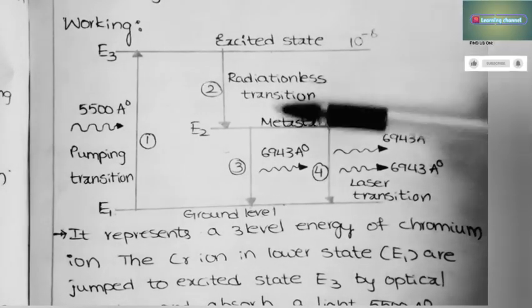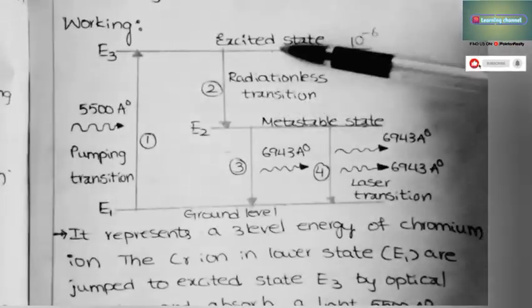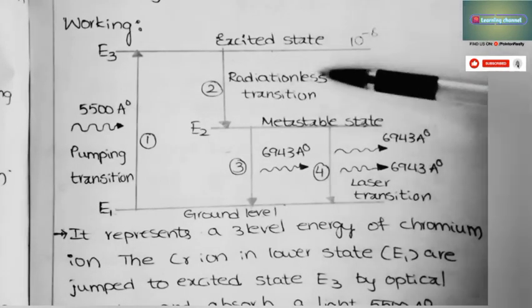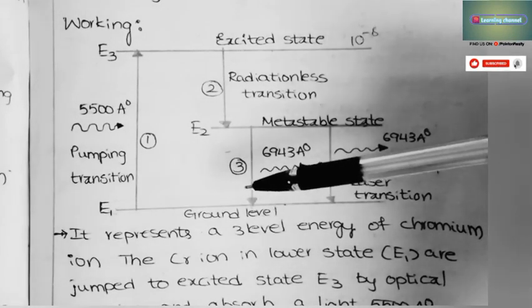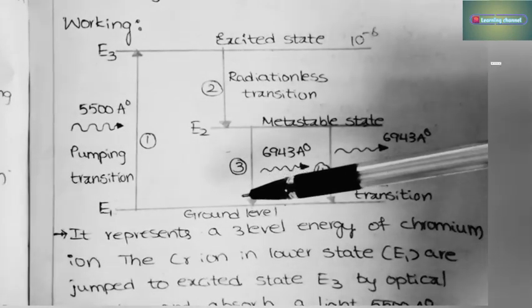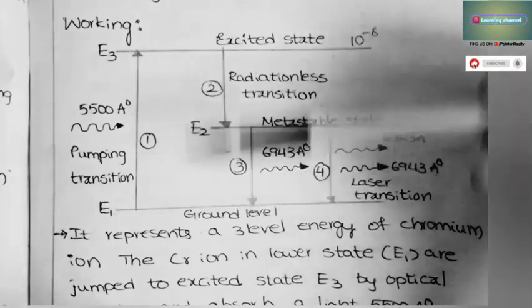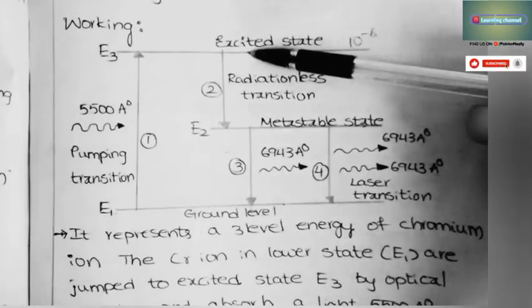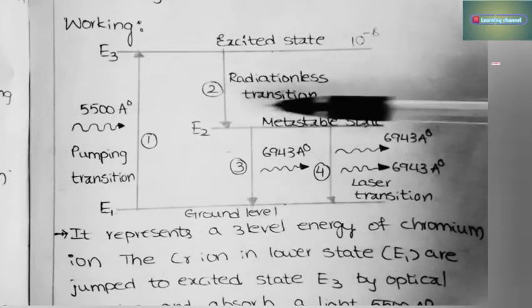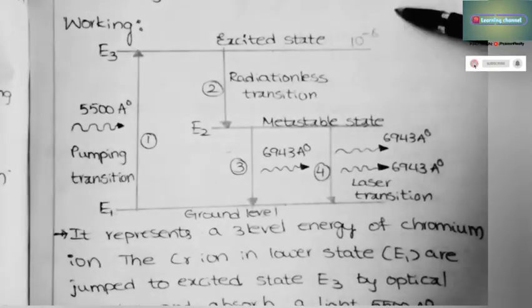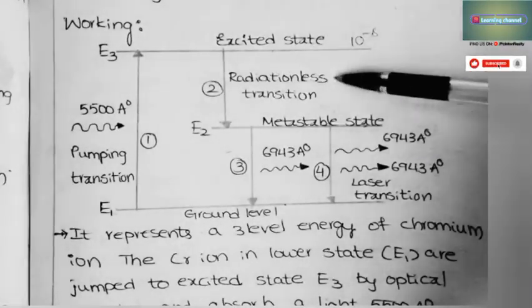This transition is called a radiationless transition. So first the chromium ion absorbs some energy from the helical xenon flash tubes of light 5500 angstroms and jumps to the excited state E3, and it comes to the E2 metastable state after 10 to the power of minus 8 seconds with a radiationless transition.